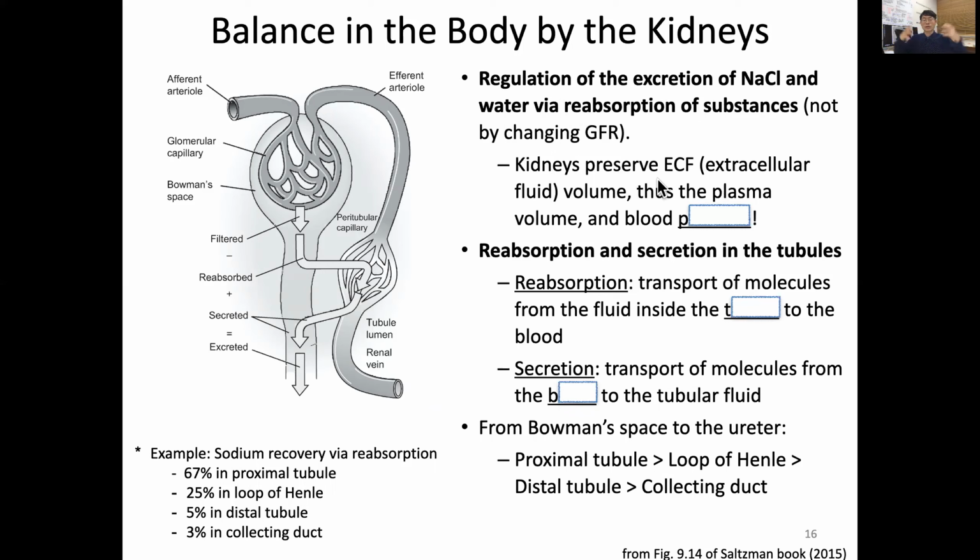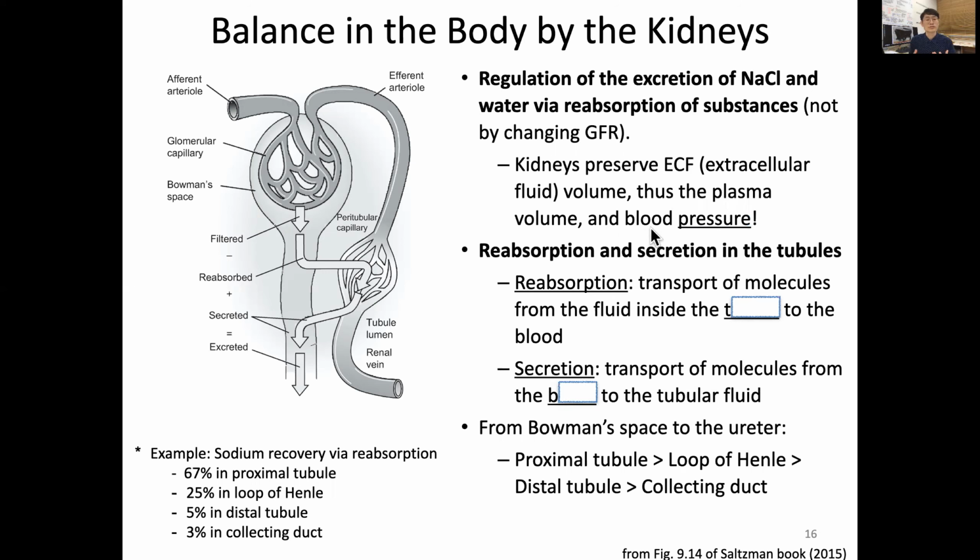A big chunk of the fluid volume in our body is inside cells, called intracellular fluid, but another big chunk is outside in the interstitium and also inside the blood plasma. So the kidney preserves this extracellular fluid volume. Thus, the kidney is controlling the plasma blood volume, and eventually the volume of blood plasma determines blood pressure.